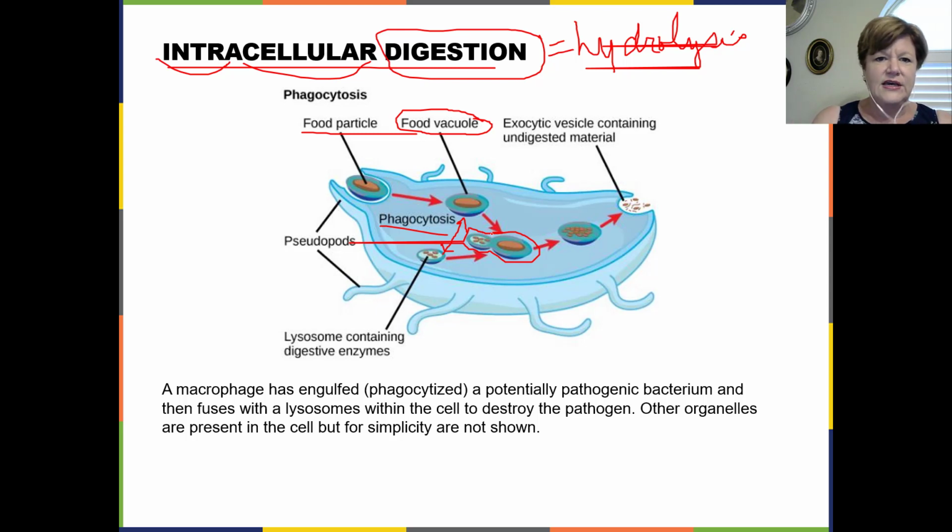But in any case, any of the monomers that the cell can use will then be passed out of this structure into the cytosol. So we typically call the lysosome by itself the primary lysosome.